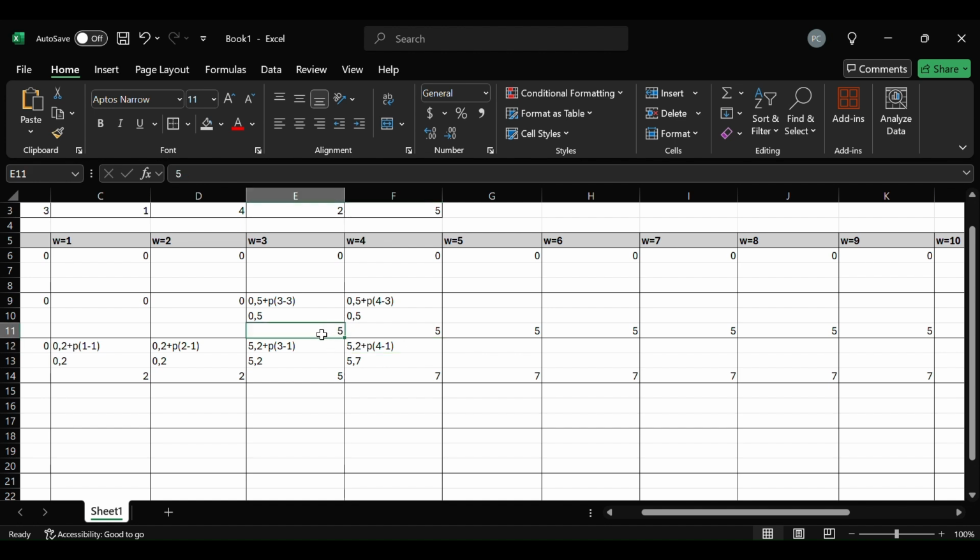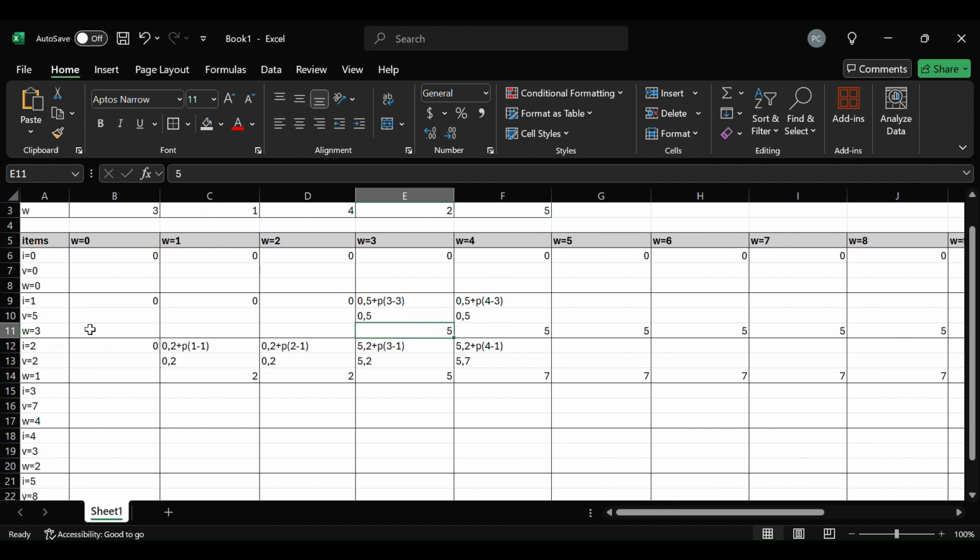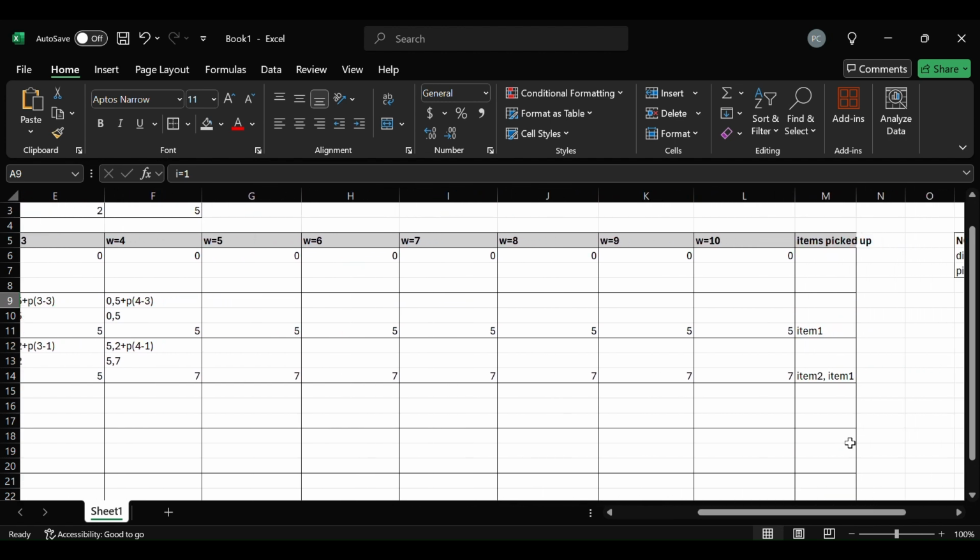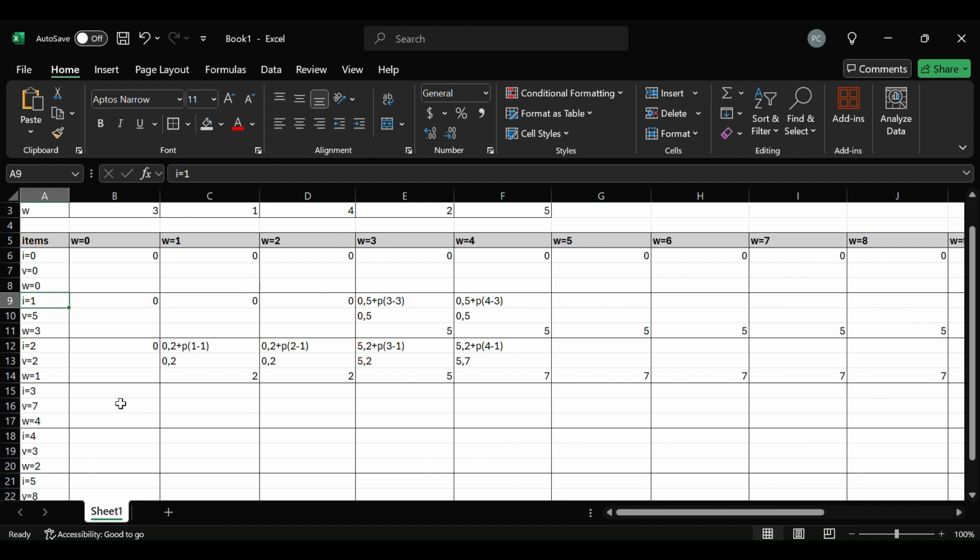This part is saying you picked up here. Your decision here was pick up. And which item did you pick up? Item 1. So here you pick up, and then here you pick up. So you picked up item 2 and item 1. So your final column here will be item 2 and item 1, and your maximum value so far is 7. And now you go to the next row and you repeat these steps again.